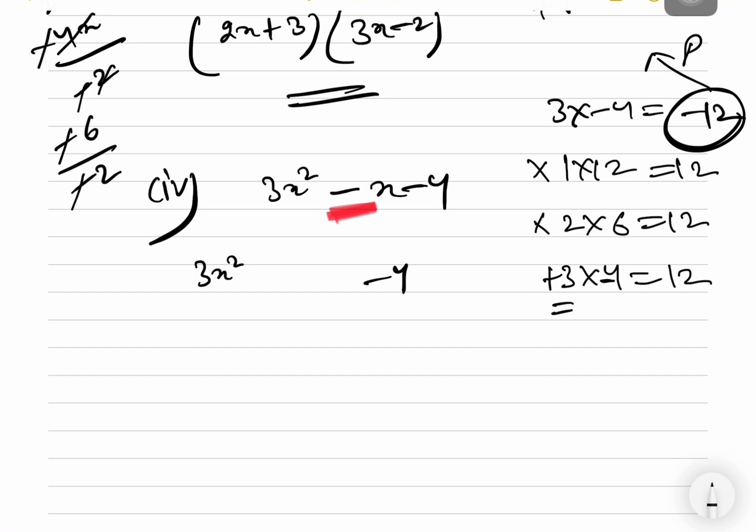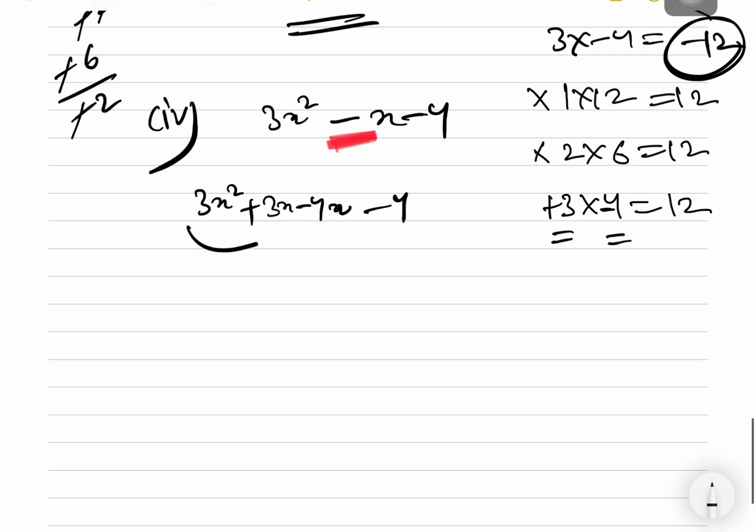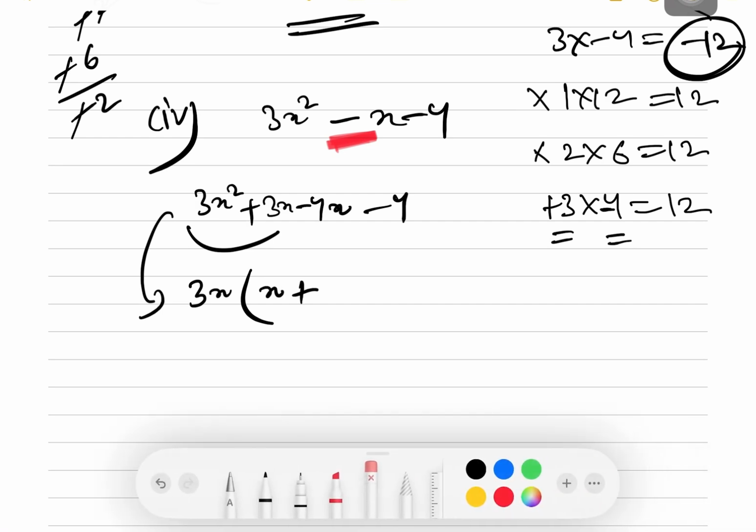Instead of the middle term minus x, you can write plus 3x minus 4x. Now take common out of the first two terms. Both terms have the highest common number 3 as well as x. So first term 3x square, if you divide by the common thing, only x is left, plus the second term 3x, if you divide by 3x, only 1 is left.